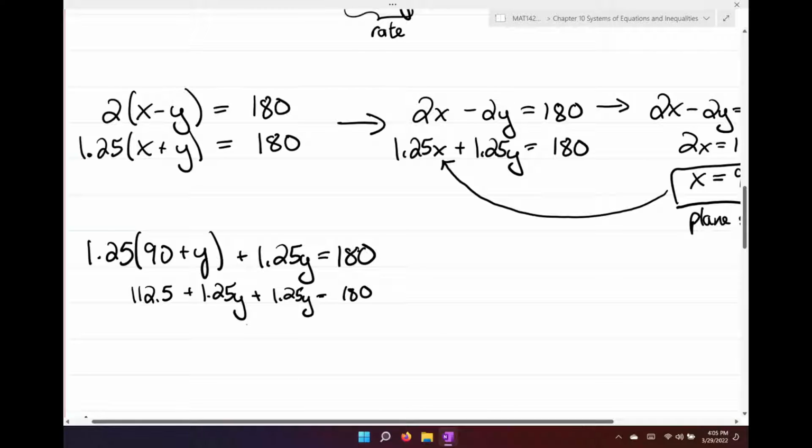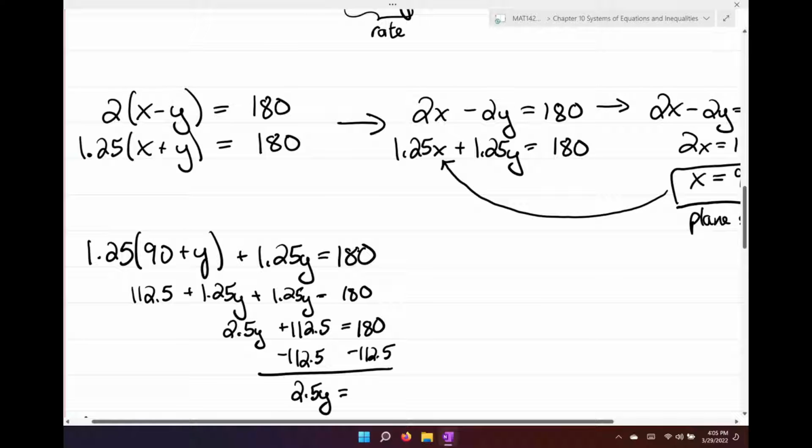So this is going to be 2.5y plus 112.5 equals 180. Now I'm going to subtract 112.5 from both sides of my equation. That gives me 2.5y equals 180 minus 112.5 is 67.5.